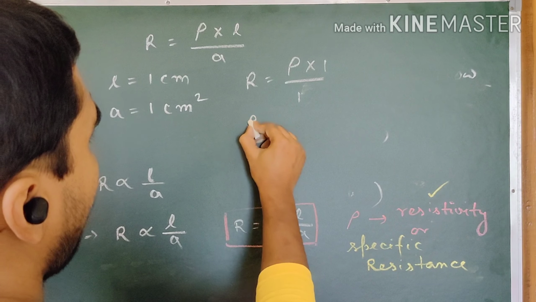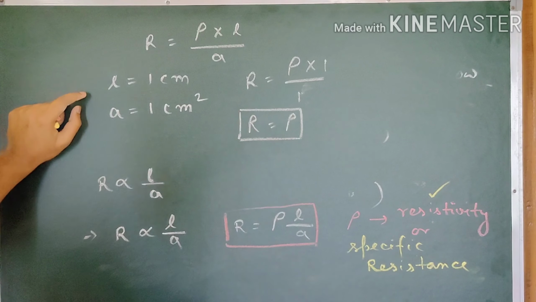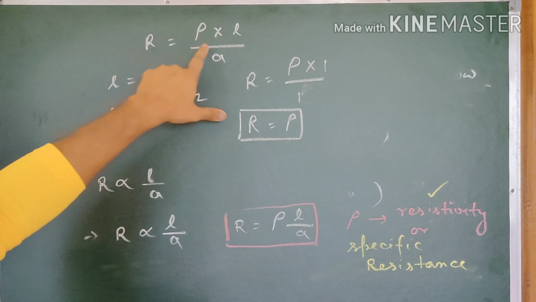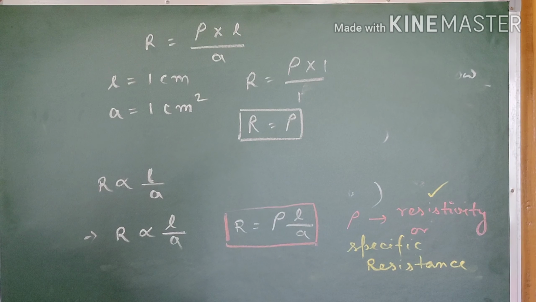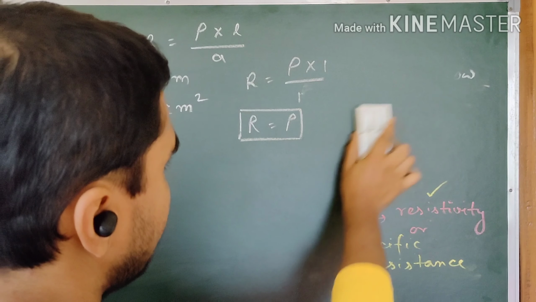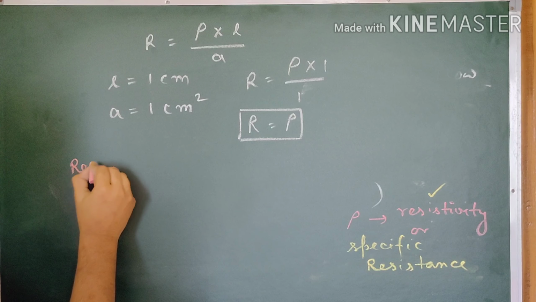So we are getting R is equal to rho. That means under this condition, the resistance is equal to resistivity. So if it is asked what is resistivity, we should define the resistivity as, let us redefine the resistivity.